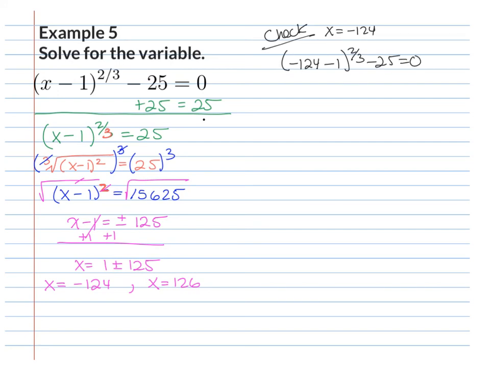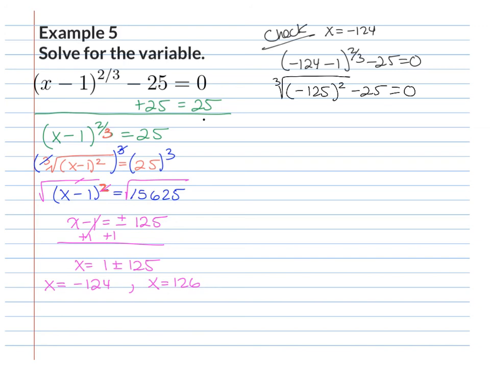I'm going to simplify this side. If I simplify it and it all works out, I should have 0 equals 0. And that means it's actually a solution of my radical. So I'm going to have negative 125, and then I'm going to rewrite that as the cube root squared minus 25 equals 0.